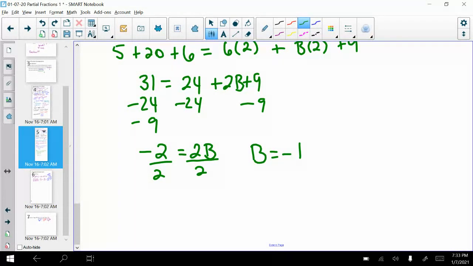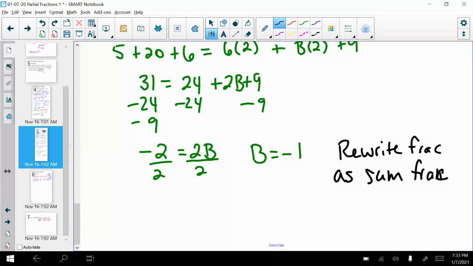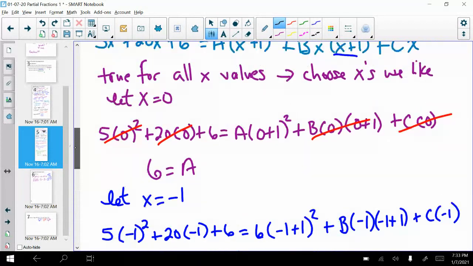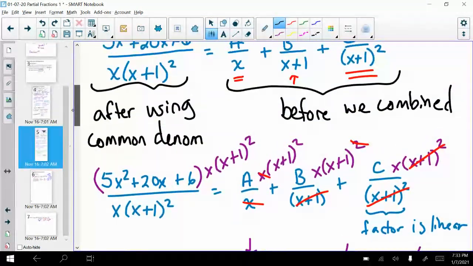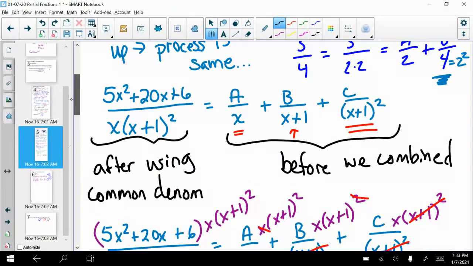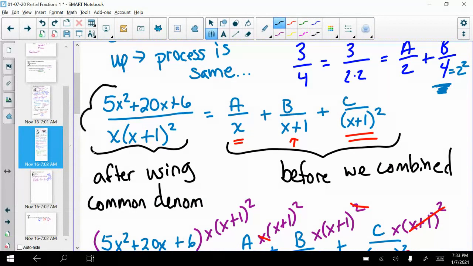Now that we've found a, b, and c, we just go back and we rewrite our fraction as the sum of these simpler fractions that we have, these partial fractions. So what I mean by go back is I go back to basically this line right here, right?